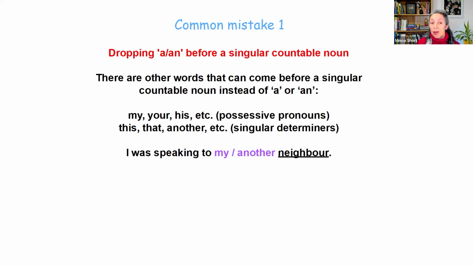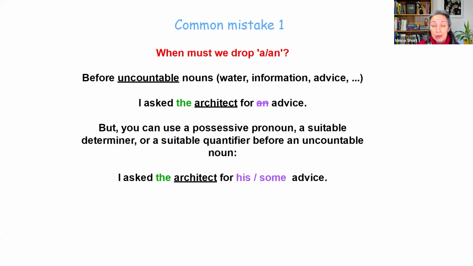Right, so are there any cases where we can or must drop a or an? And I think you know the answer, yes, with or before uncountable nouns, because that's another type of noun in English that you are familiar with. Words like water, information, advice. They look singular, but in fact they are uncountable nouns. So, for example, I asked the architect for advice.